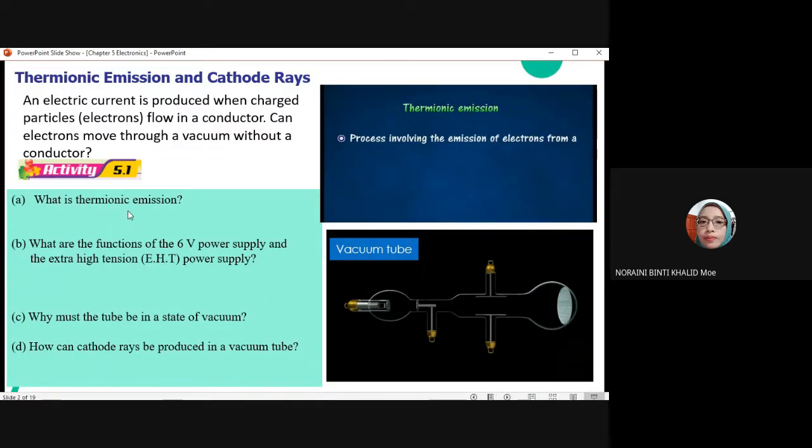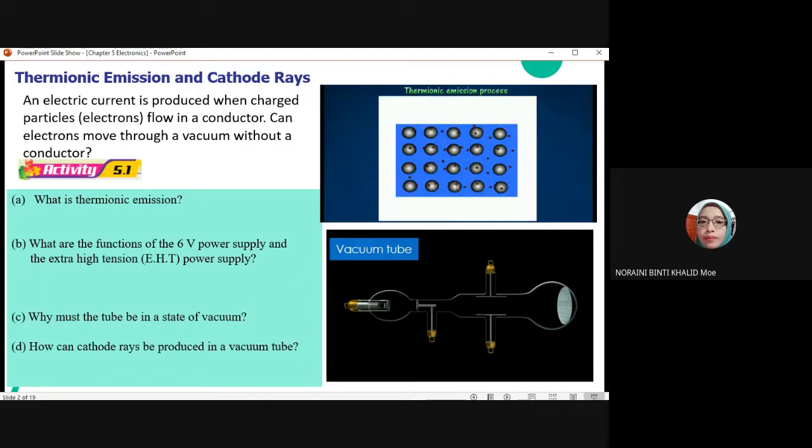First of all, let's discuss what is the meaning of thermionic emissions. Okay, watch this video to understand the concept of thermionic emissions. Thermionic emission is the process of electron released out from the surface of heated metal.